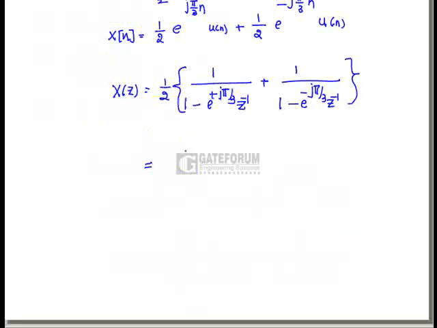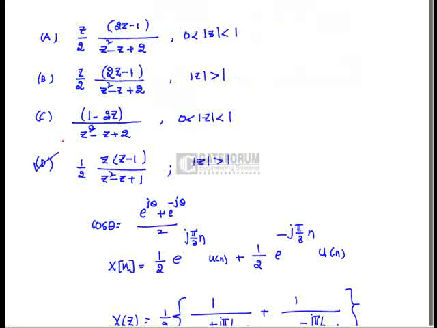After simplification, x of z is z into z minus 1 divided by z square minus z plus 1, with mod z greater than 1. Here the option is D.